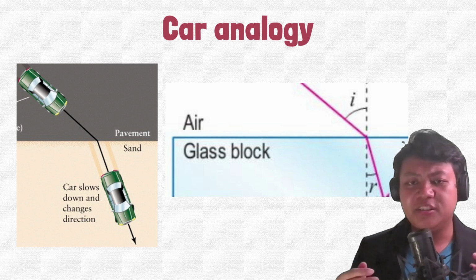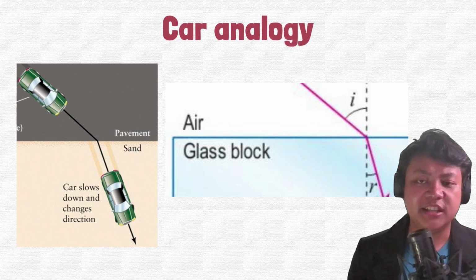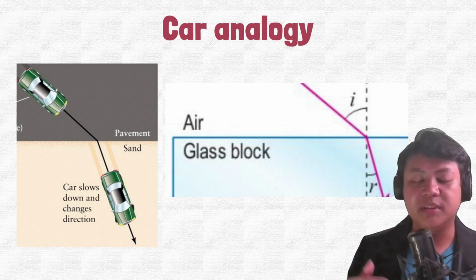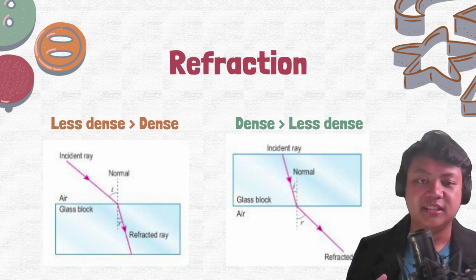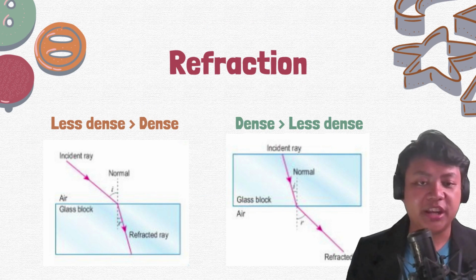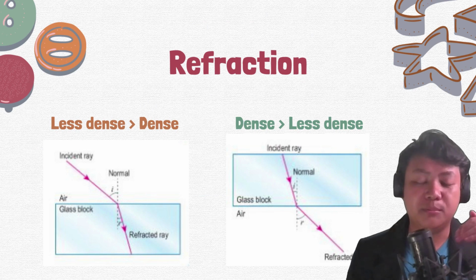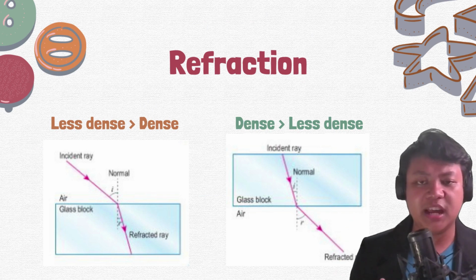As you can see here, light is passing from air to a glass block, and you can see that the angle of incidence of the light is refracted differently in another medium, and that is a glass block. So there are two outcomes for refraction. When a light ray travels from a less dense medium to a more optically dense medium, it refracts much closer to the normal line.